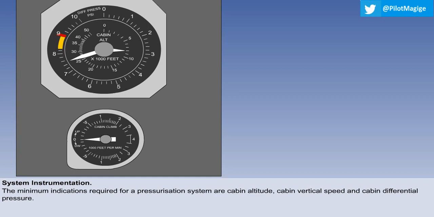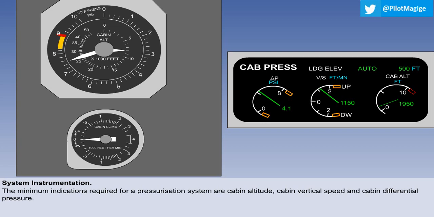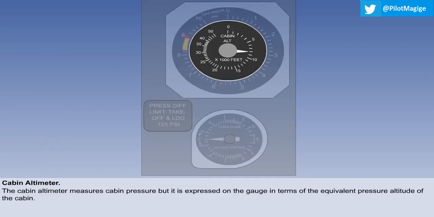This information can either be presented on direct reading gauges or electronically on an LCD screen. The cabin altimeter measures cabin pressure, but it is expressed on the gauge in terms of the equivalent pressure altitude of the cabin.